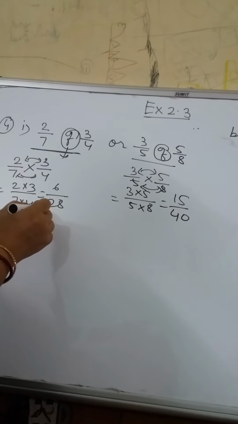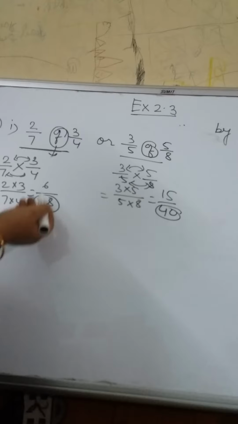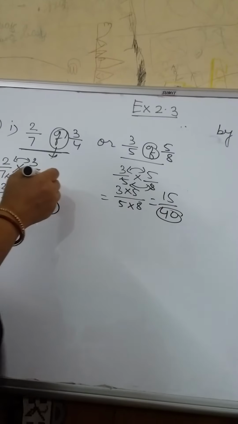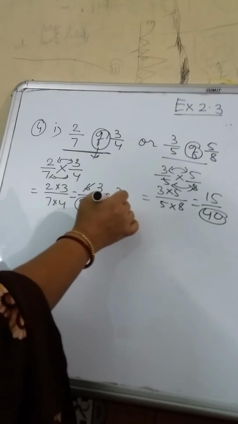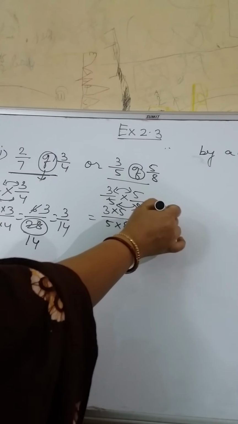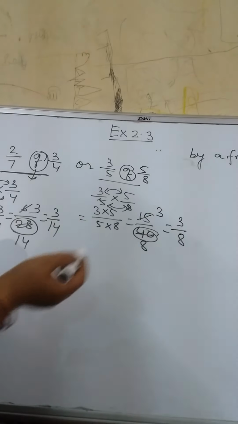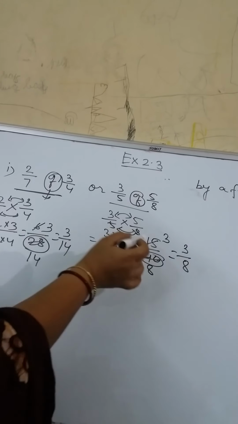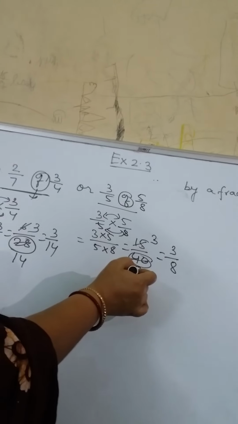Now 28 and 40, you can reduce to lowest form also. If I reduce, it will be 3/14. And for 15 and 40, 5 is a common factor, so I am dividing both numerator and denominator by 5. 5 3s are 15 and 5 8s are 40, so it will be 3/8.